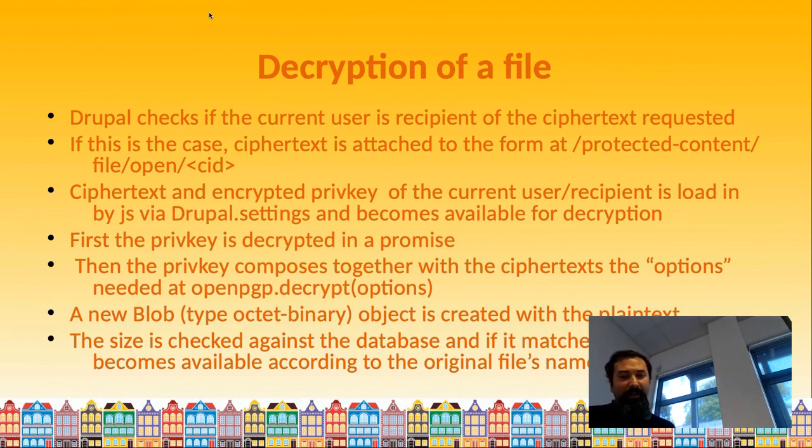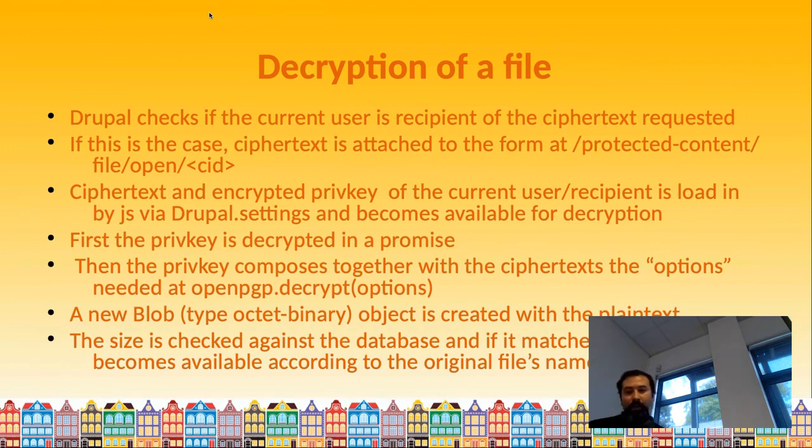First, the private key is decrypted in a promise, modern JavaScript. Then the private key is composed together with the ciphertext into the options needed for OpenPGP decrypt options. That is very similar to the previous one that we had, which was encrypt.